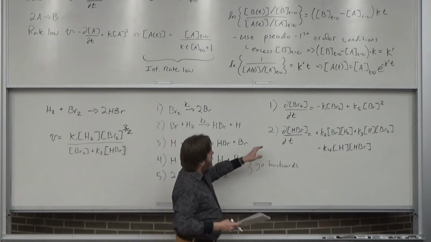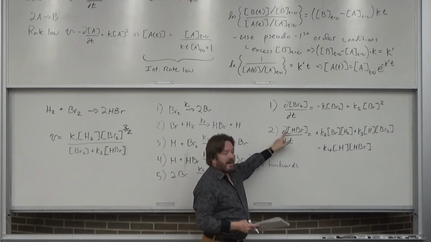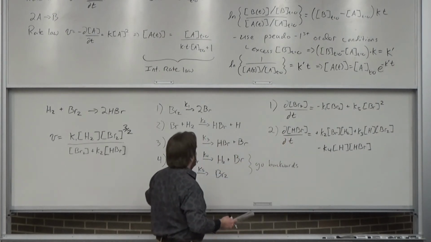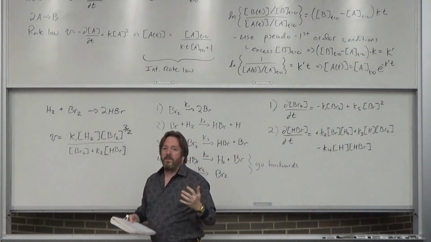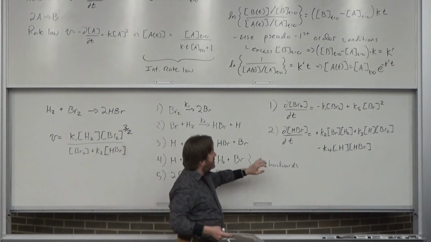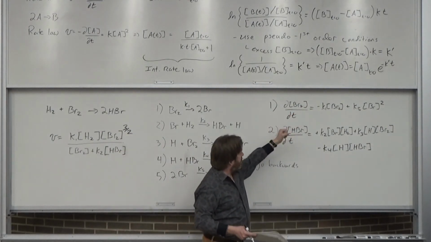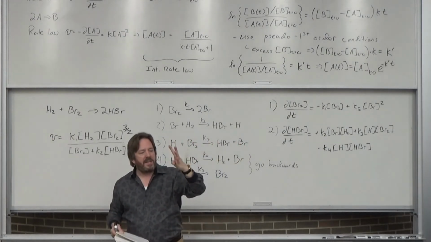You've got to write down a rate expression for H and H2 and Br atoms. So isn't that kind of interesting? We've got a total of 5 elementary reactions, and we have 5 different species: Br2, Br atoms, HBr, H atoms, and H2.